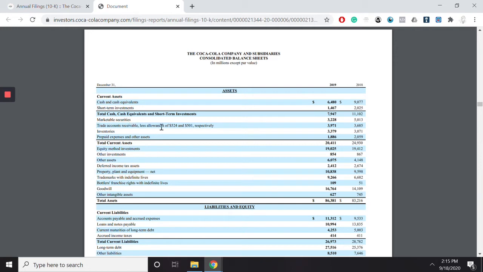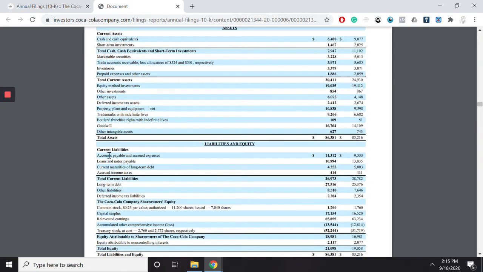So that's important. On the flip side, we like this number to be able to grow as well, because we want a company that collects a lot of cash but also has good supplier relationships so it can defer payments, because that just means we can have a better cash position.